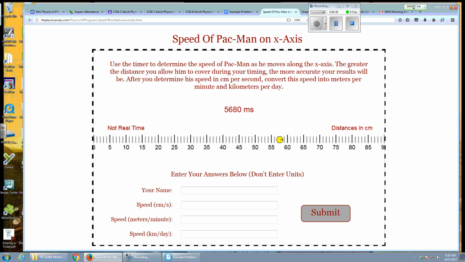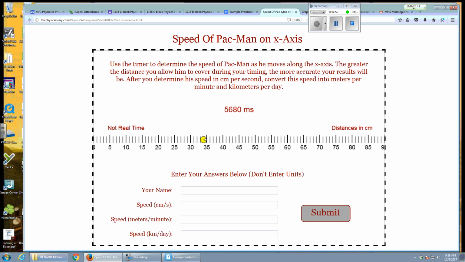All right. So we know it took 5,680. What's that little M stand for? Milliseconds. The M stands for milli, and then S for second.